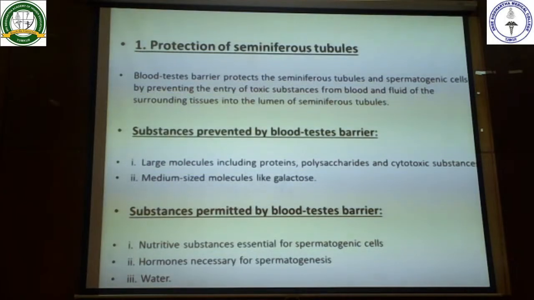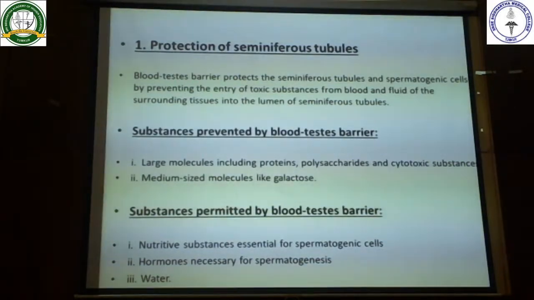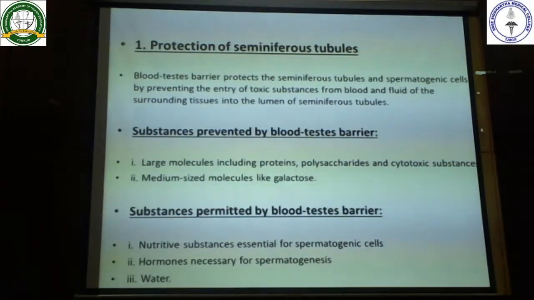So the seminiferous tubules are completely protected by this barrier, and the toxic substances are prevented from coming in contact with them. The substances prevented by this barrier are large molecules, which include proteins, polysaccharides and cytotoxic substances, and medium-sized molecules like galactose.